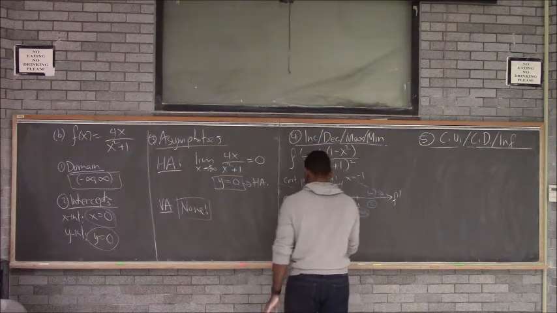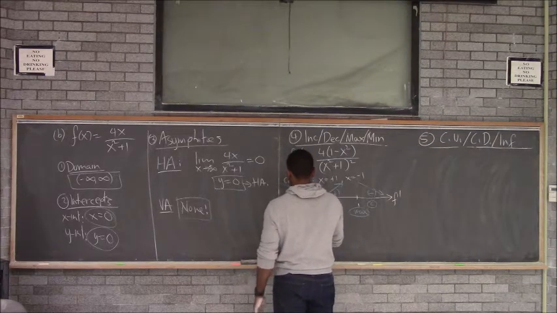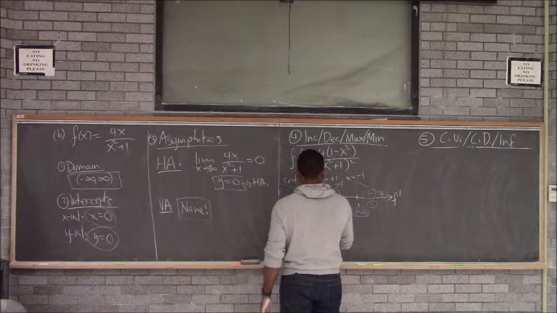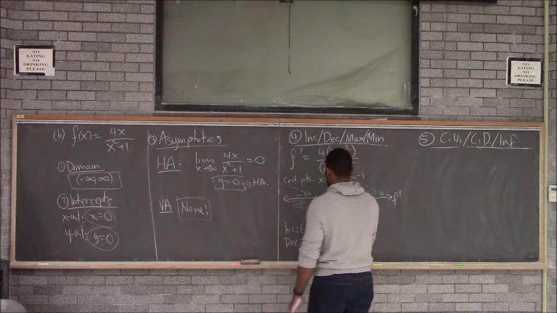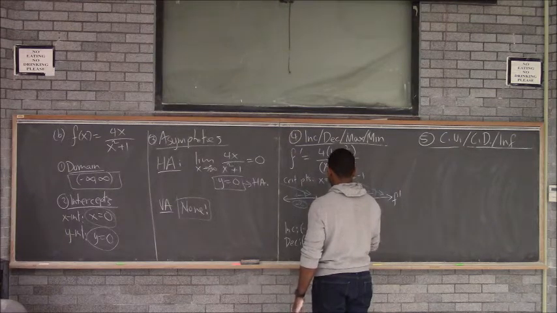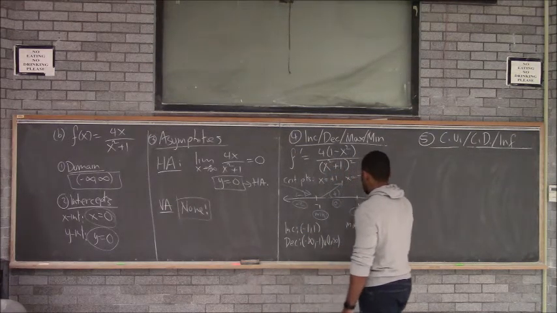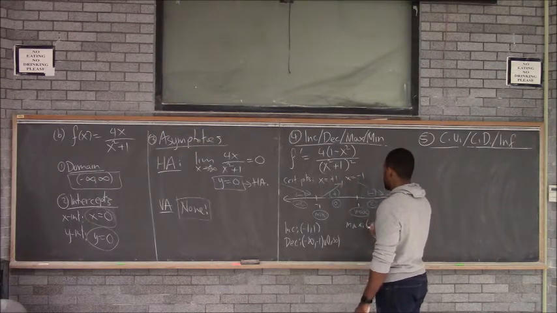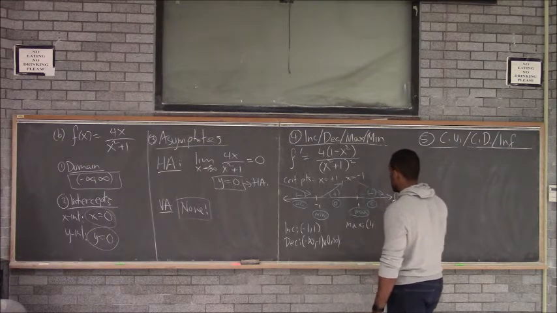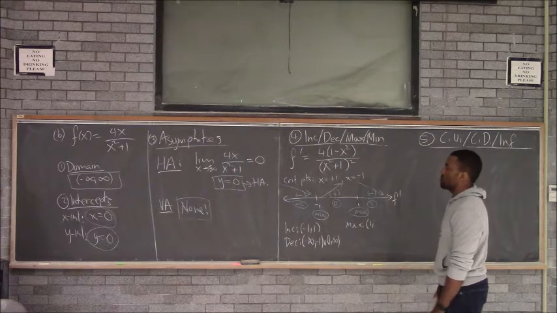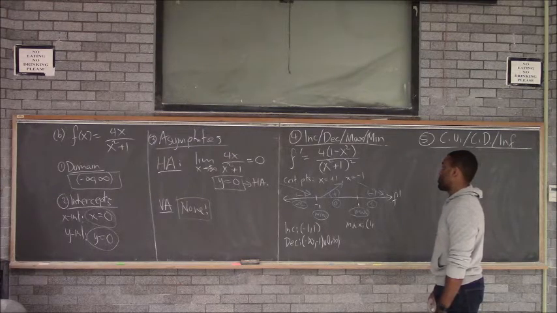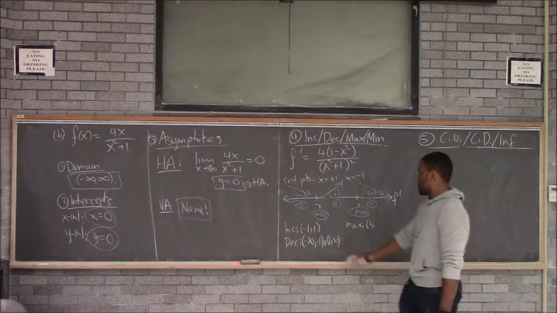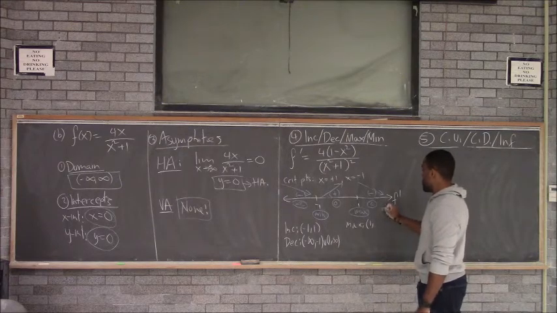So now I am going to write these in. I am increasing on minus 1 to 1. I am decreasing on negative infinity to minus 1 union 1 to infinity. Maximum, this is 1 comma, how do I find the y? Plug it into the original. So that's going to be 4 times 1 over 1 squared plus 1.